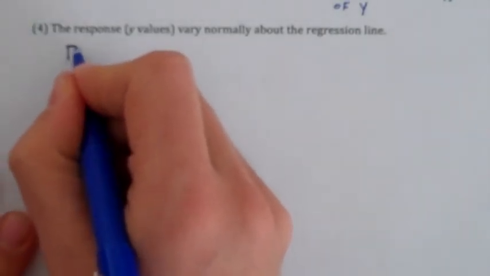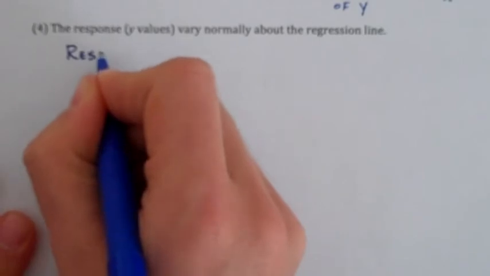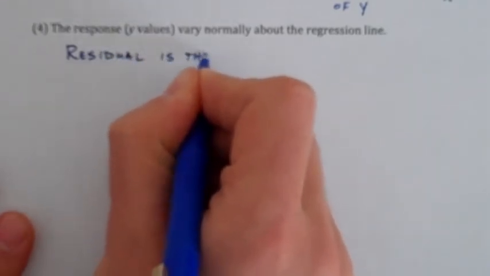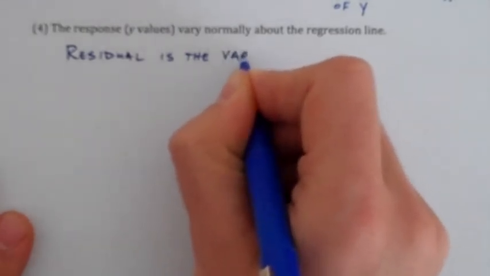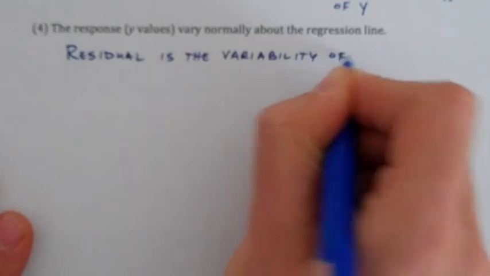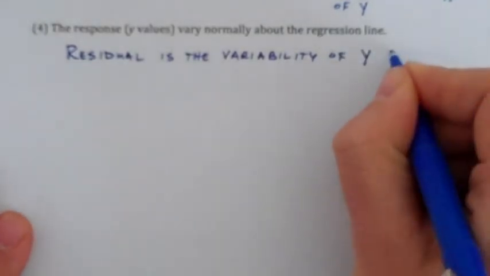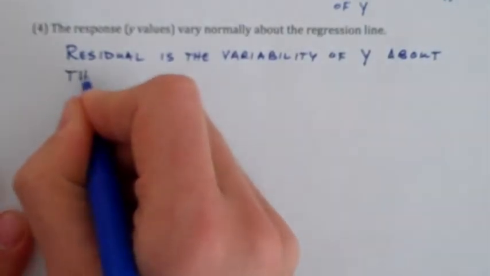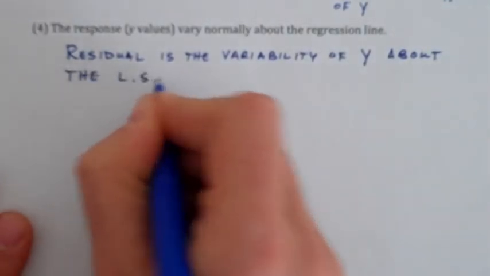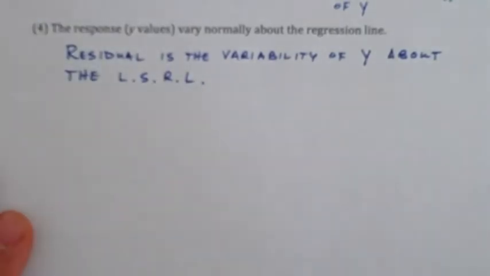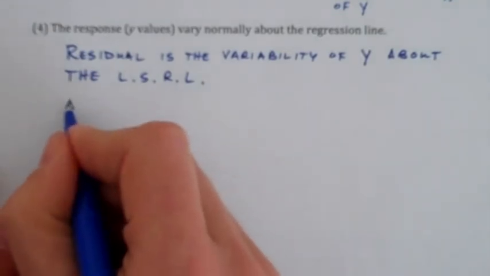So the first thing you need to realize is that the residual is the variability of y about the least squares regression line. So what we want to check is whether the residuals are linear.